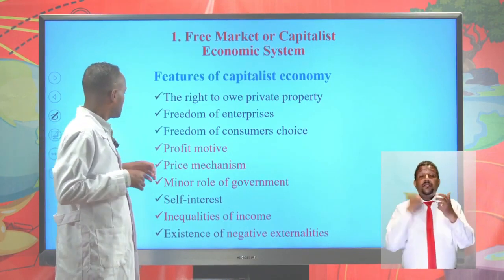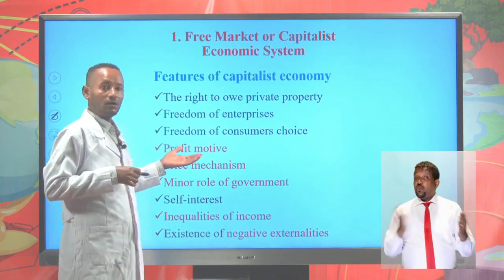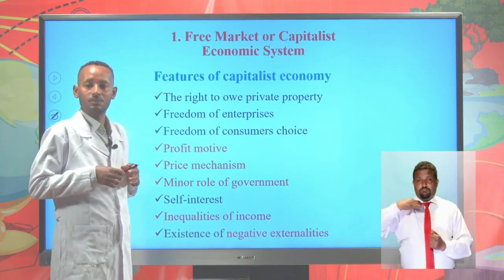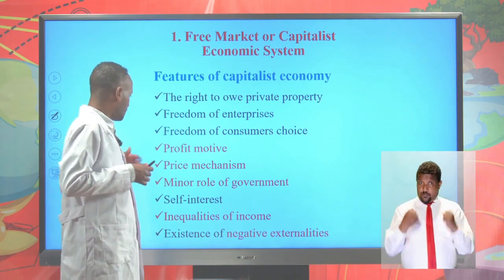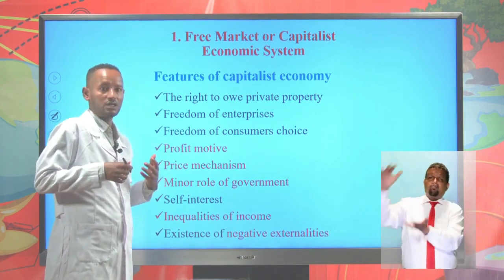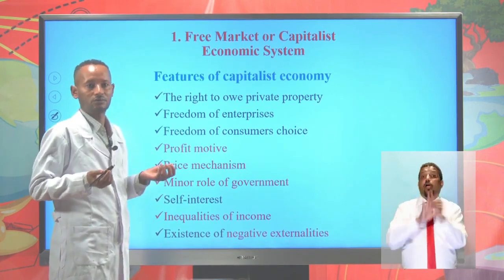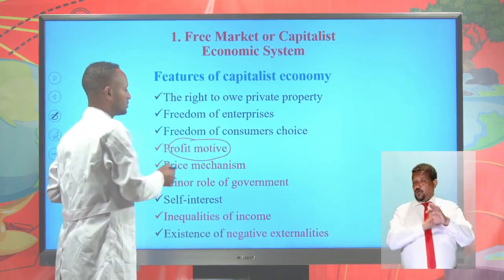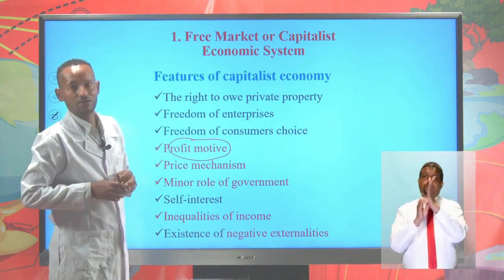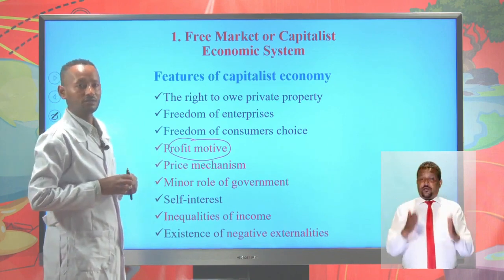The other feature is profit motive. Individuals can get profit. This profit enables us to produce more and more of a commodity, which leads to efficiency. So this profit motive is an important feature which leads to an increase in productivity for entrepreneurs.